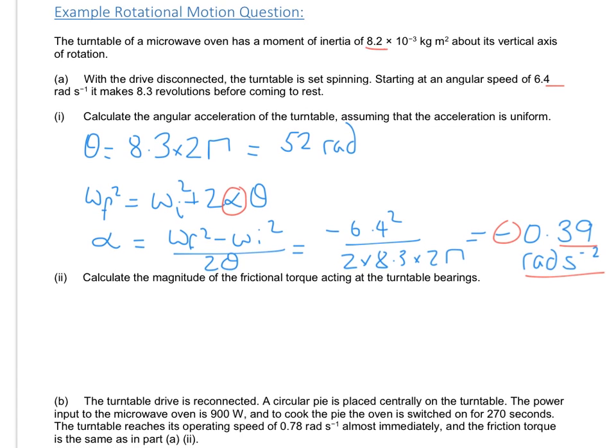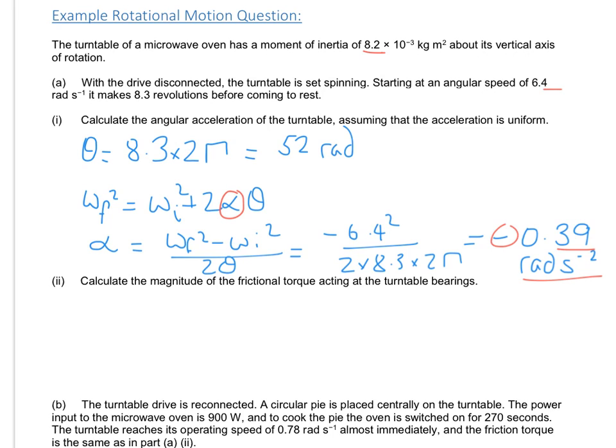So what we've calculated here is the acceleration. So we need to calculate essentially the frictional torque that's acting on it. So if it's got an acceleration, that must mean a force is acting on it. So in our rotational motion, we know we've got this equation here. We've just calculated what the acceleration is.